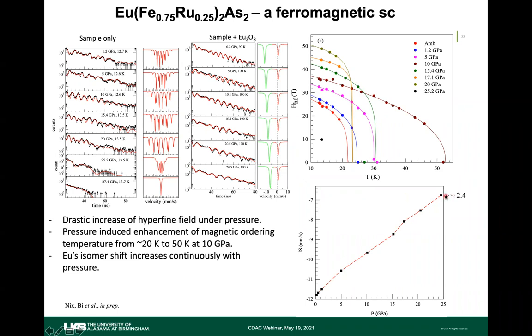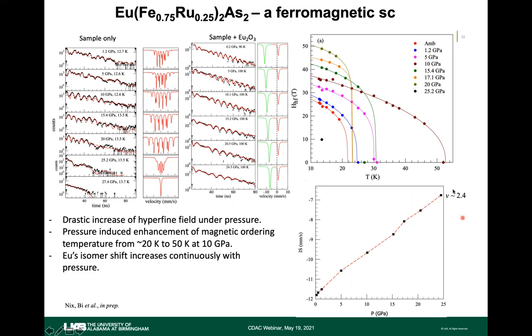And if we assume the 3+ isomer shift is around 0, and then 2+ here, that's down here, minus 11.8. If we just do the linear extrapolation, then we can estimate the valence around 2.4 before 25 GPa.